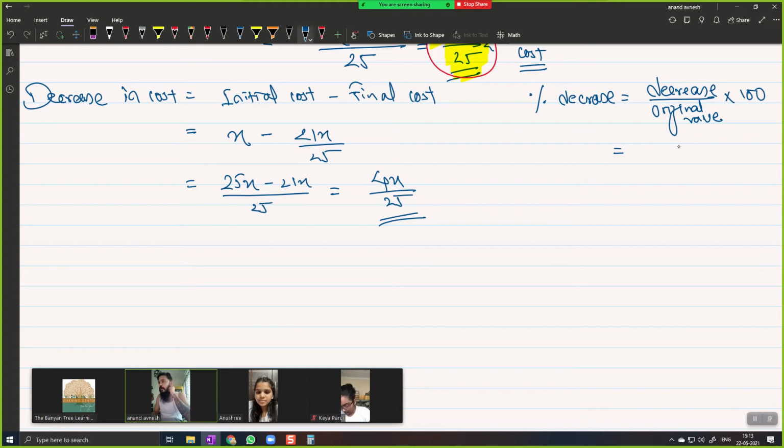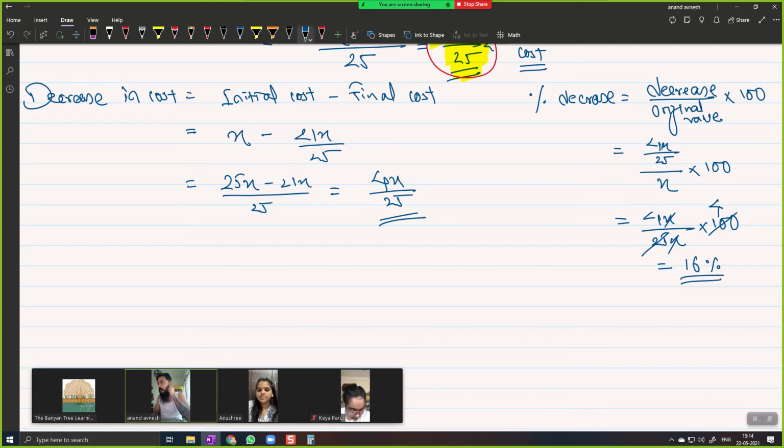Decrease is 4x by 25. Original is x. So 4x by 25x times 100. x cancels, 25 fours are 100, and the percentage decrease is 16%. The cost got decreased by 16%. There is a 16% decrease in the cost.